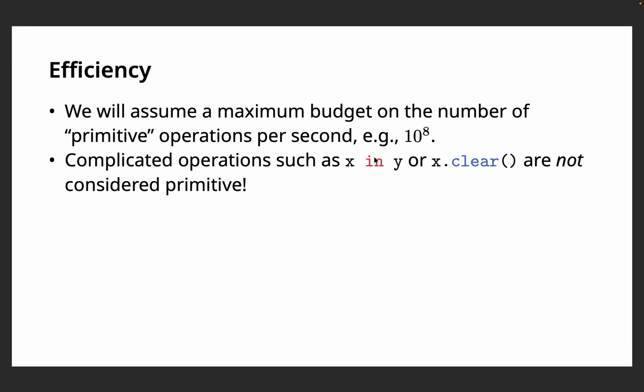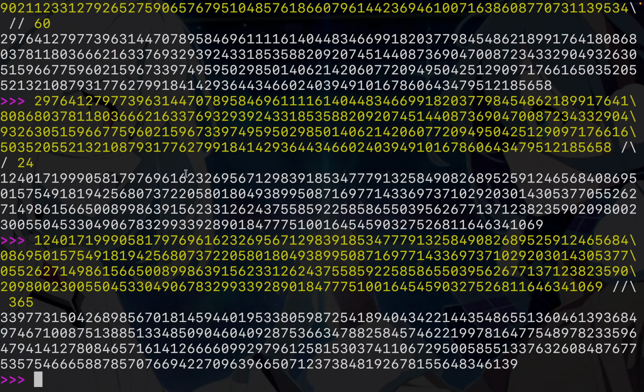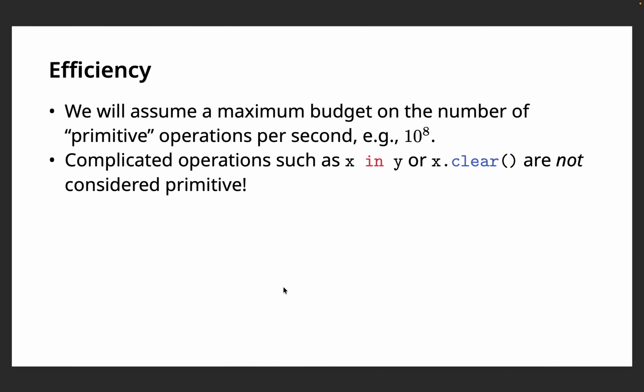Okay, so when it comes to operations, for example, checking if something is in some container or clearing something, all of these are not what we call primitive operations. When you say primitive operations, what you usually mean is just addition, subtraction, the usual arithmetic stuff, as well as other operators. Then there are some functions that we can consider primitive.